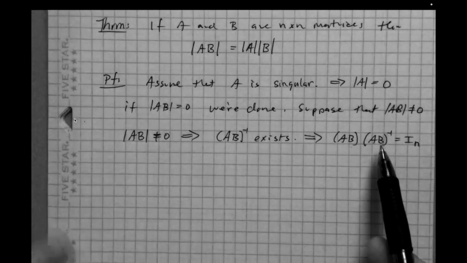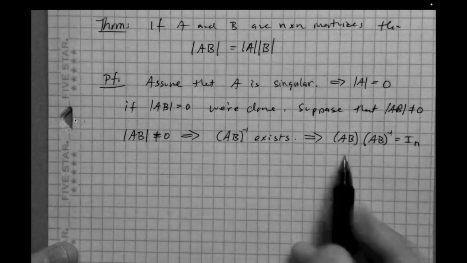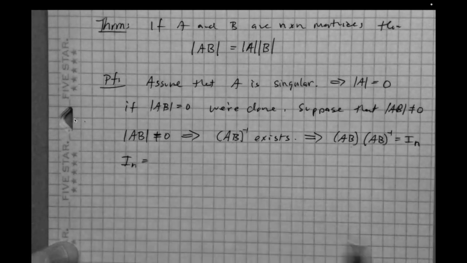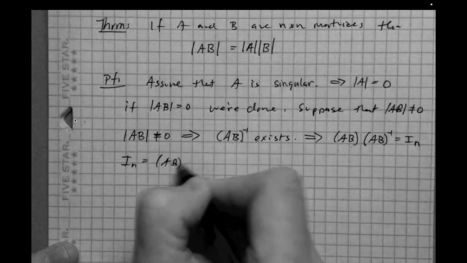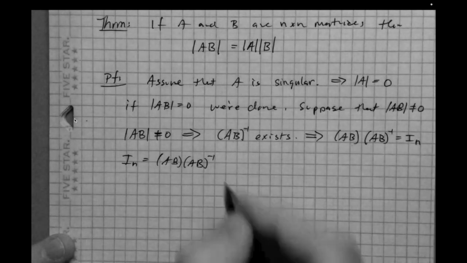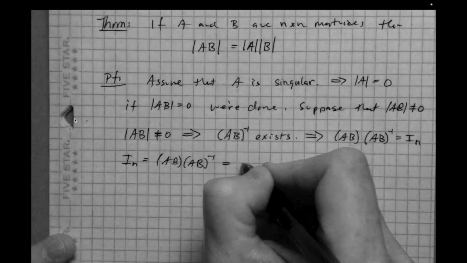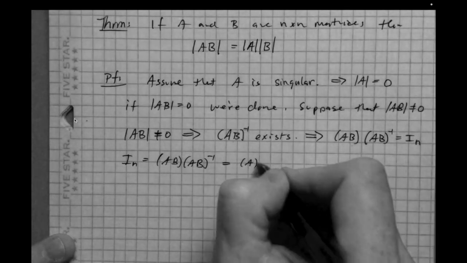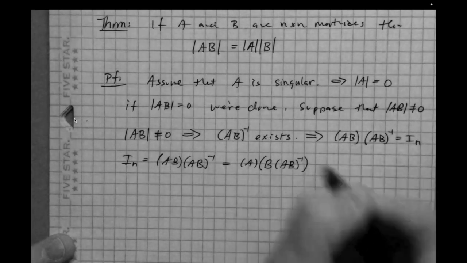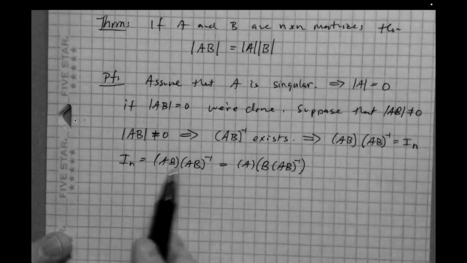So let's just use this and see what we can see. If I have the identity equal to AB times AB inverse, I can reassociate this. I just think of A as being by itself, and then B times AB inverse, like so.